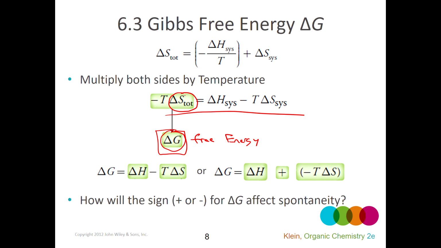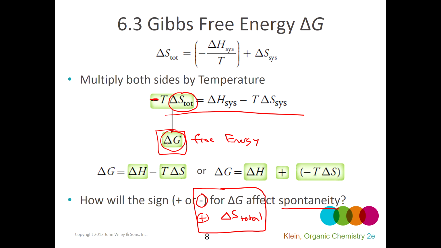If I get a positive change in entropy overall, meaning that the entropy of the universe is increasing, because of this negative sign here, I'll get a negative value for delta G. So a negative value for delta G or a positive value for delta S total, those two things mean the same thing. And those two things mean that the process is product directed, or moving toward the products, or spontaneous. That means that when it reaches equilibrium, I'll have more products than reactants.